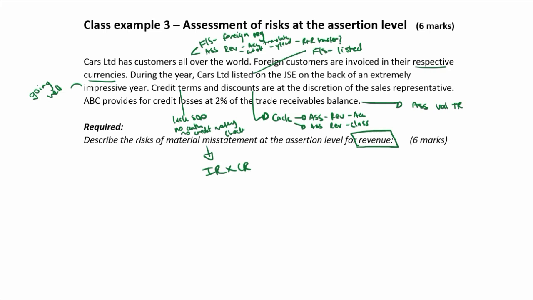So where do you start, guys? Well, you've got to first put down here, there are IFRS requirements for revenue, and I now need to find out if there are any risks here that make me believe they might not comply with those IFRS requirements. I'm now also going to put down what are my assertions so that I consider all if they are relevant.